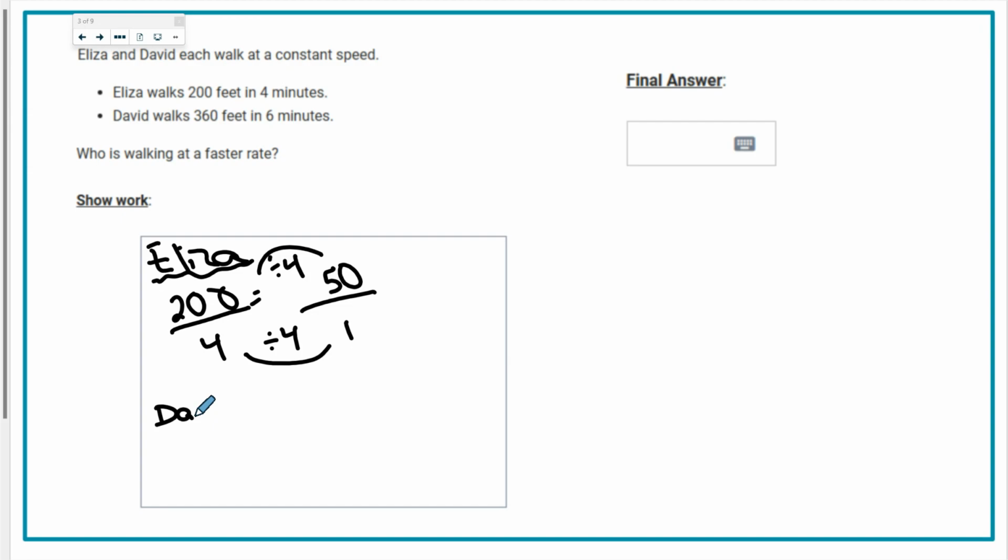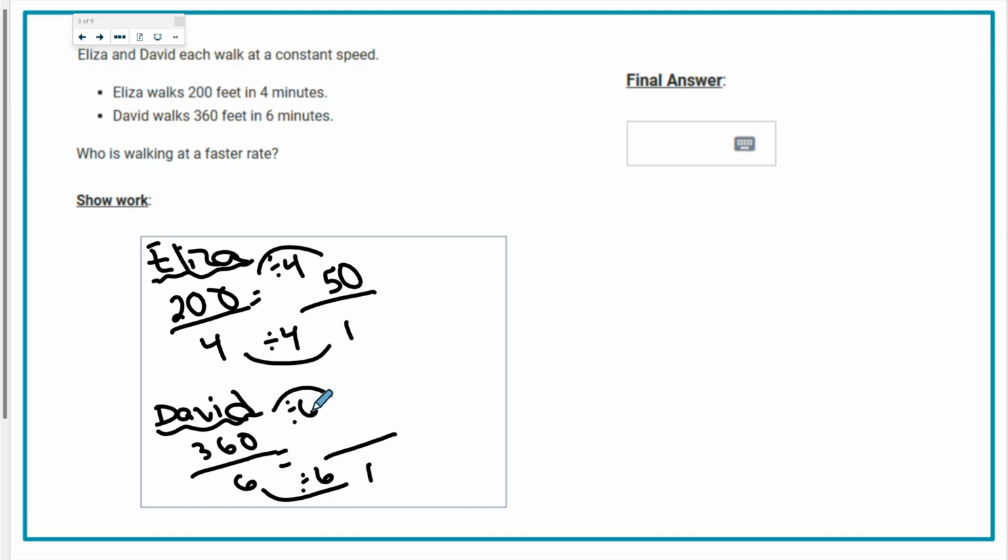Now let's look at David. 360 feet in 6 minutes, and again, we're going to go down to 1 minute because we want both of these to have the same denominator. 6 divided by 6 gives us 1 minute, and then 360 divided by 6. I know 36 divided by 6 gives us 6, and then add a 0.